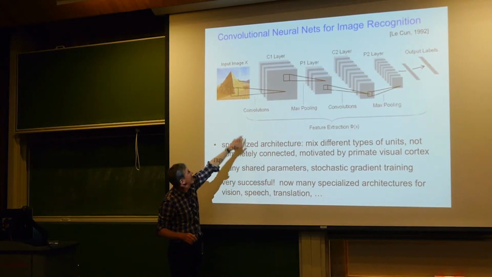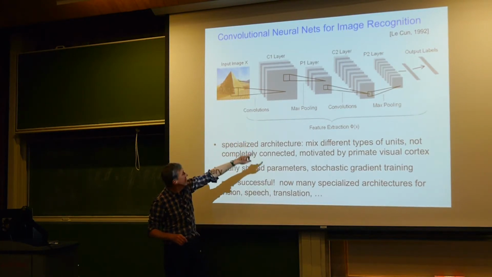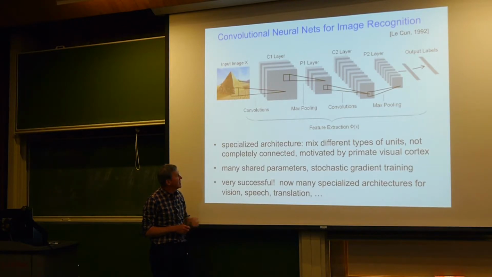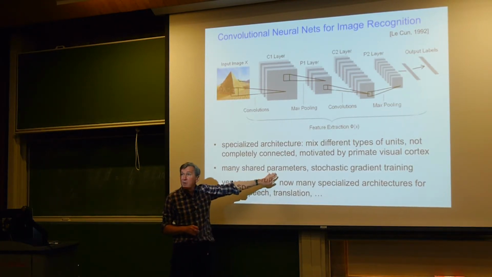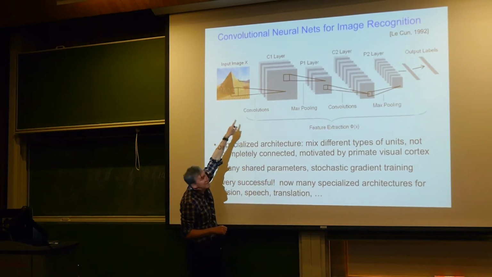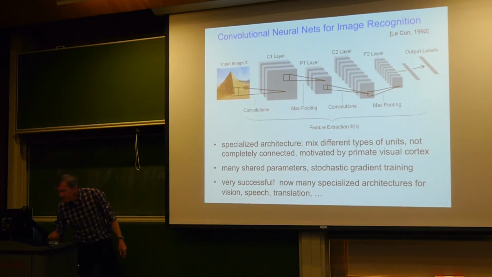It's not completely connected, and it's motivated loosely by primary visual cortex. Again, there are many shared parameters, just like in our recurrent neural network. Here the sharing happens, for example, at this level. These convolutions, each point gets a different field of view in the image, but the weights that are used to analyze that rectangle are the same for this rectangle as they are for every other rectangle.